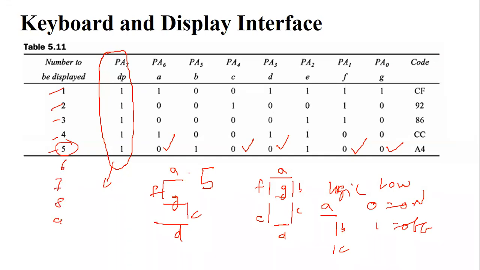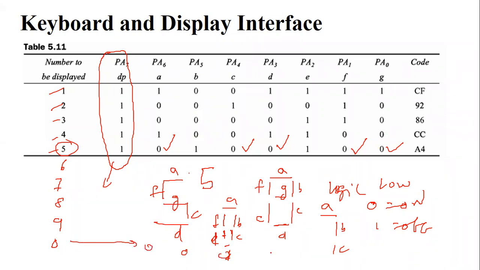Whenever you want to turn on 0, which segments are on? A, B, C, D, E, F are on, and the remaining, G, is 1.